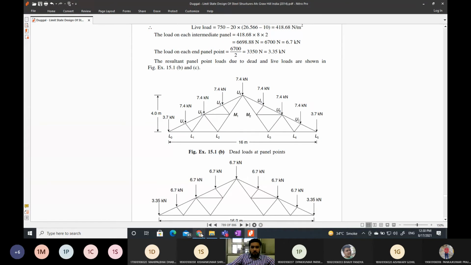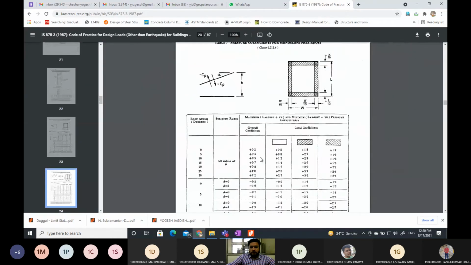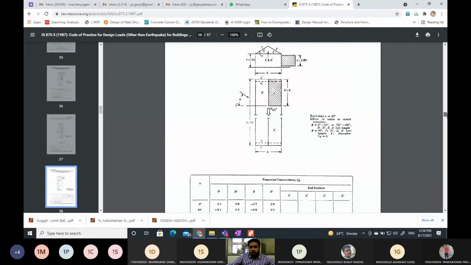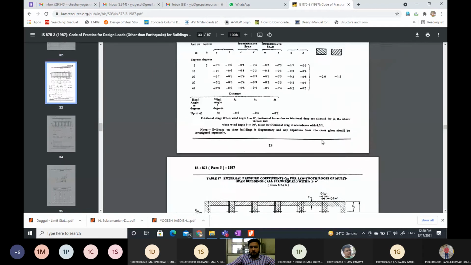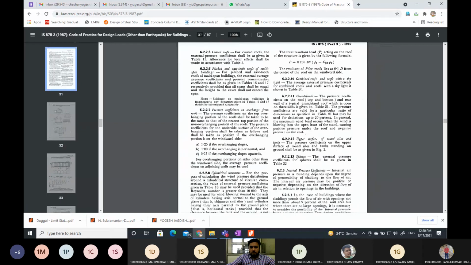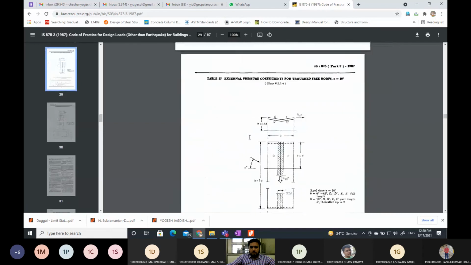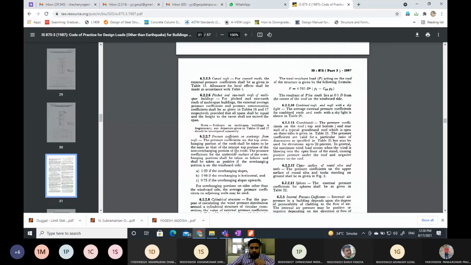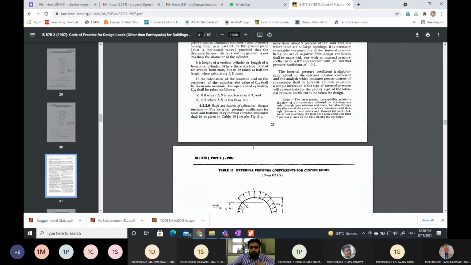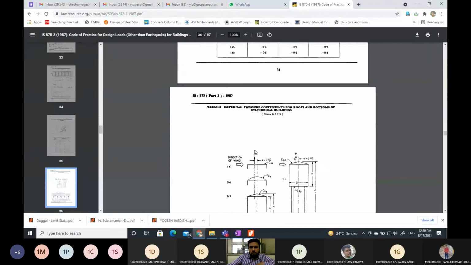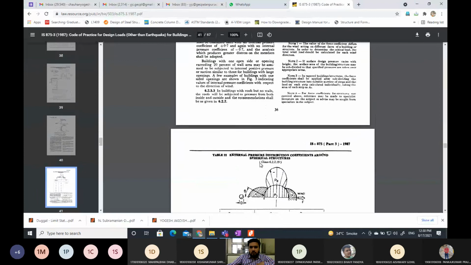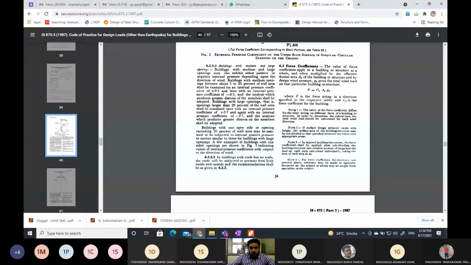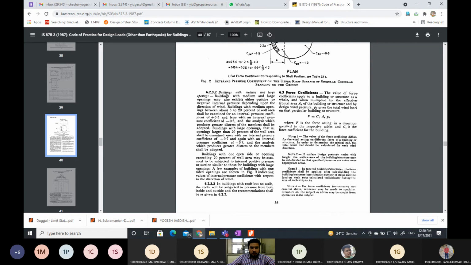Again, for the internal pressure coefficient, we consider buildings with medium and large openings.